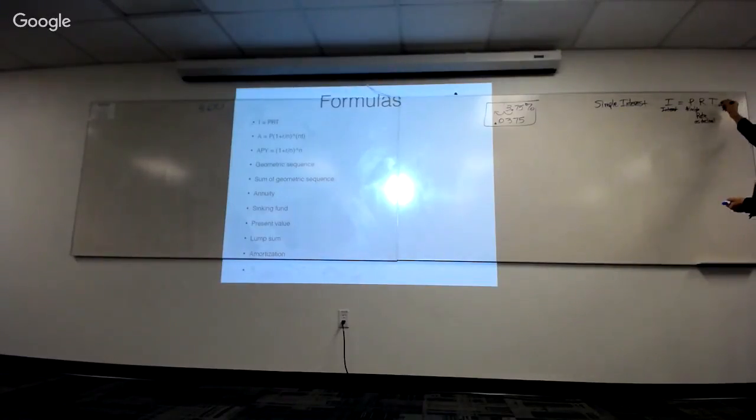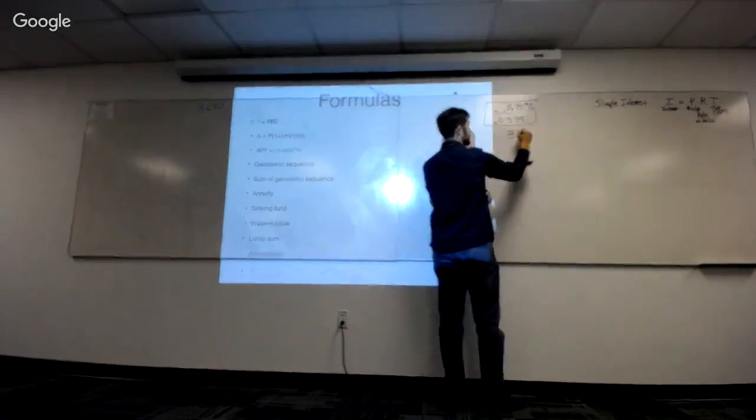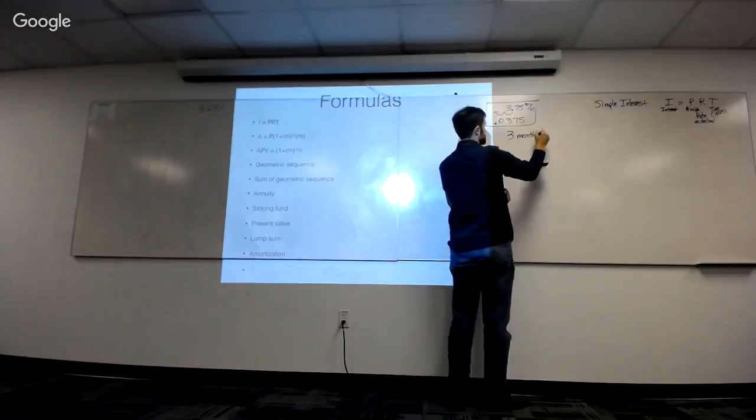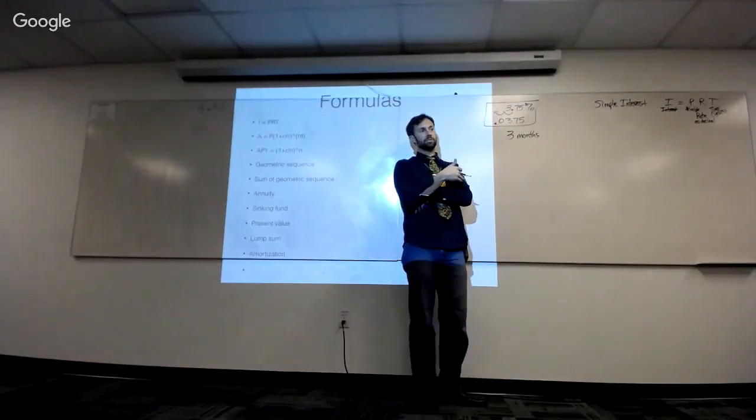And then T stands for time, which is always in years. So even if they say something like months, you have to turn that into a year. So how much of a year is 3 months? If somebody told you you're going to do this investment for 3 months, you actually need to have it in years. So how would you do that?